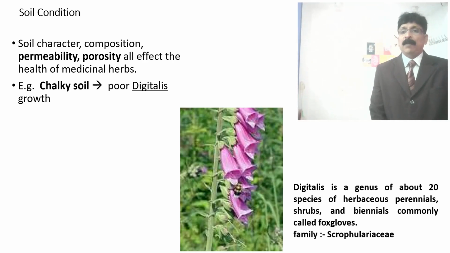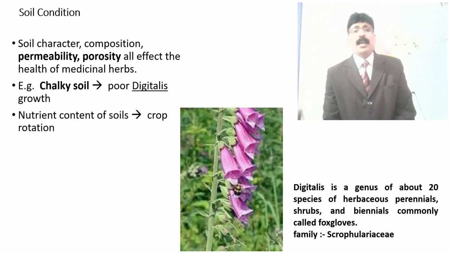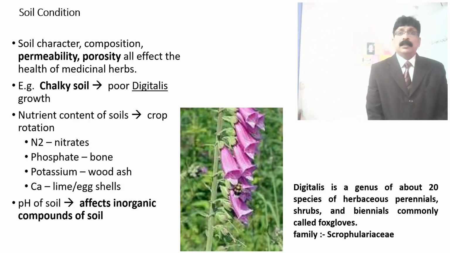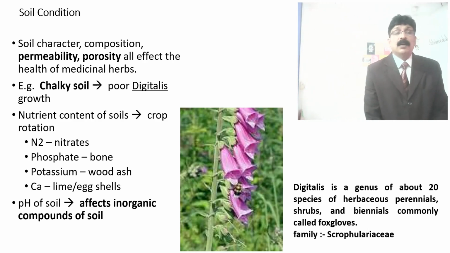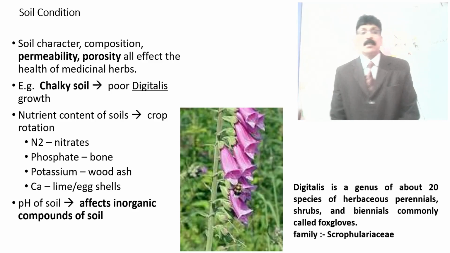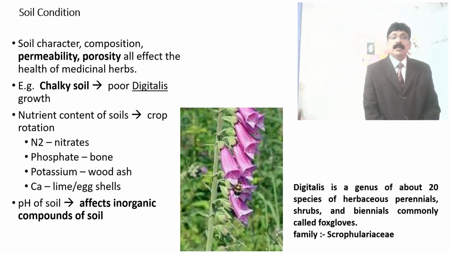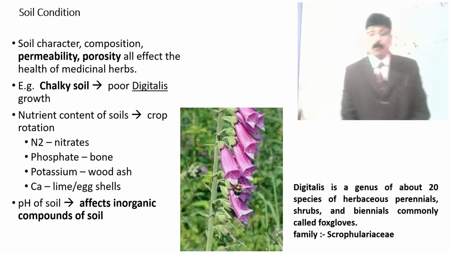Family is Caryophyllaceae. Nutrient content of soil, crop rotation: nitrogen, N2, nitrates; phosphate, bone; potassium, wood ash; calcium, lime, eggshells. The pH of the soil affects the inorganic compounds of soil.